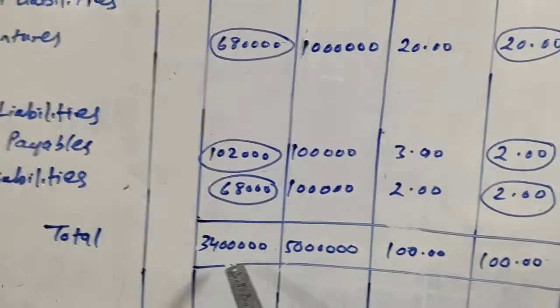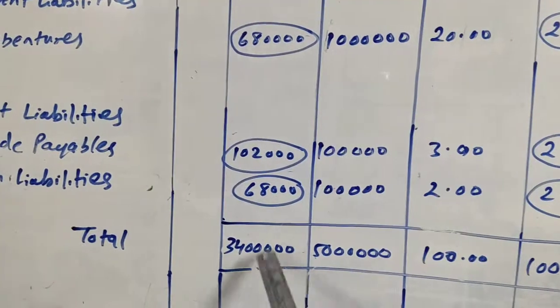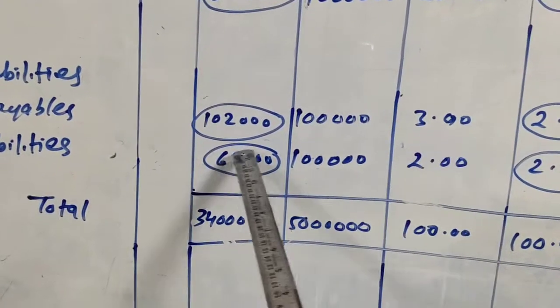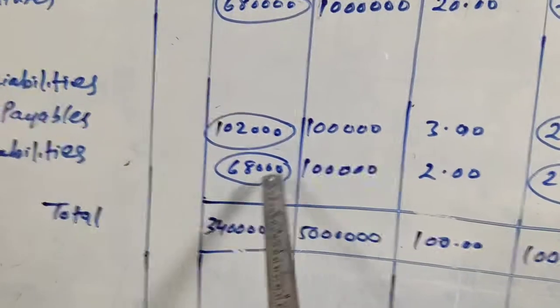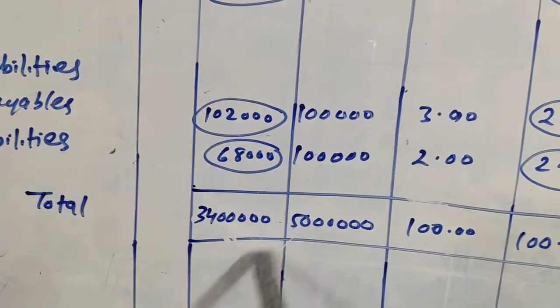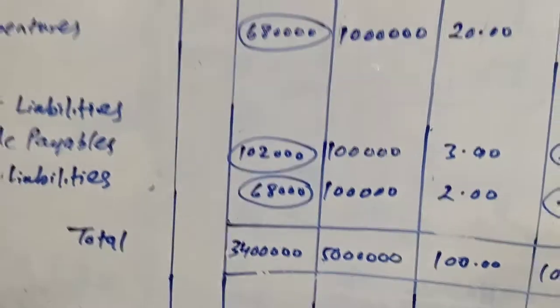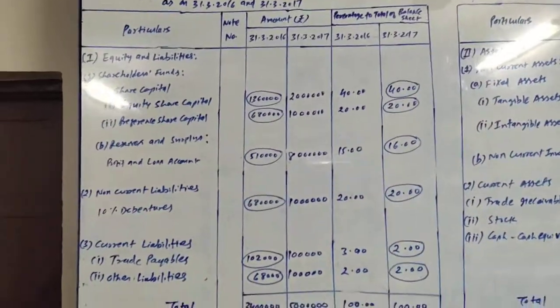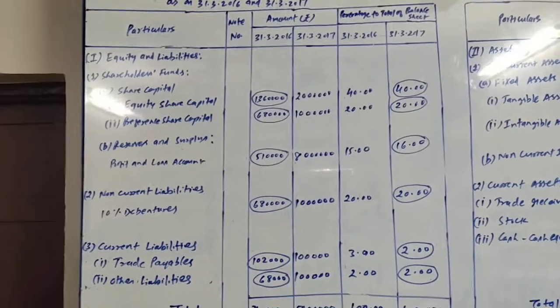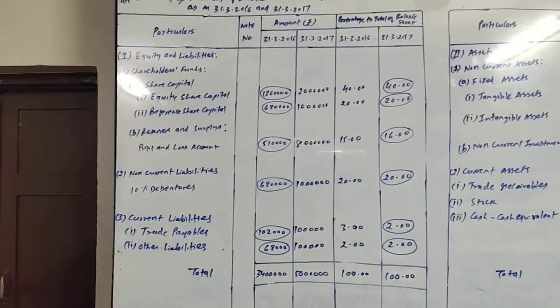Then trade payables is given 3%, so 34 lakh into 3% we get 1 lakh 2,000. And last, other liabilities, it is given 2%, so 34 lakh into 2% we get 68,000. This is how we prepare the amount column for the year 2016.